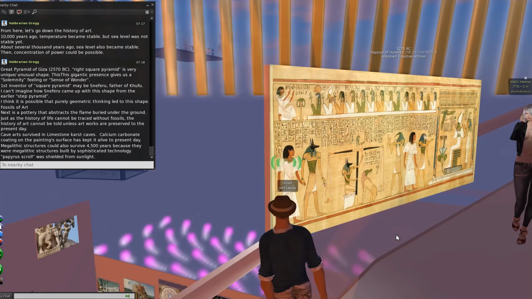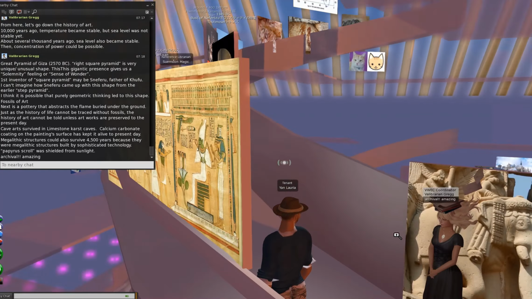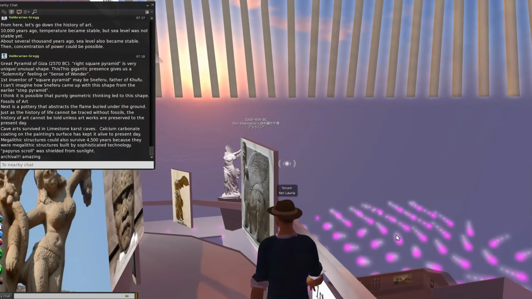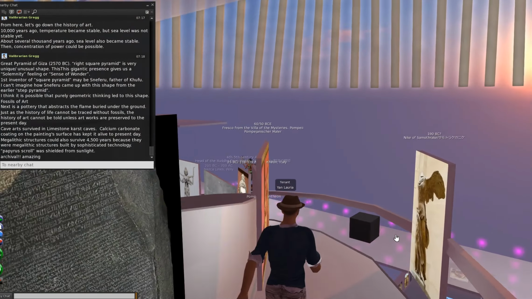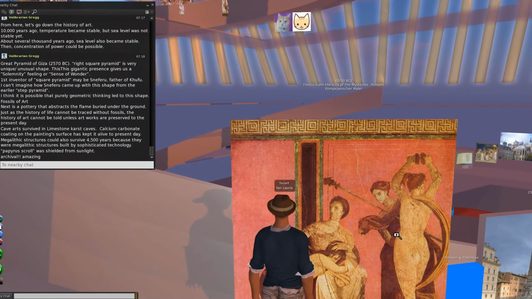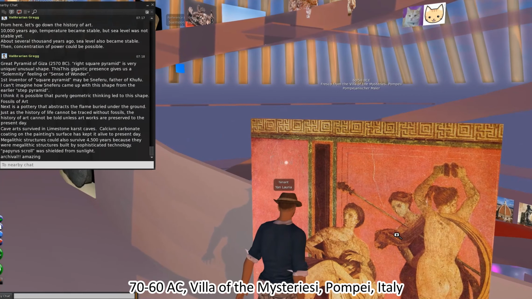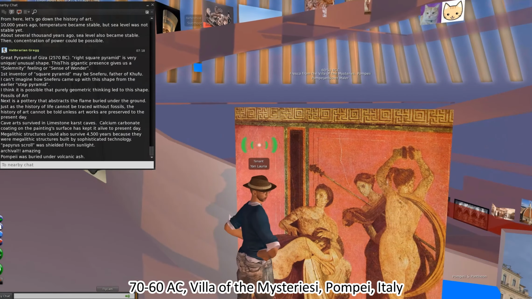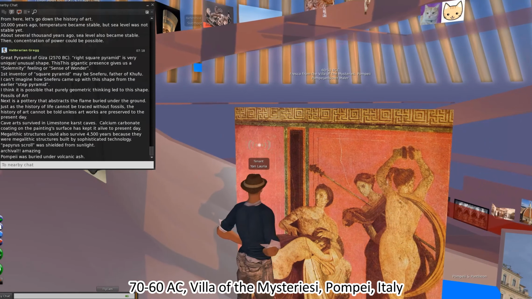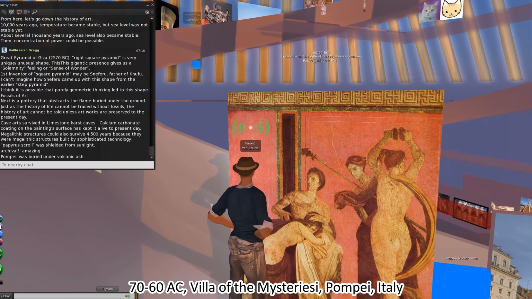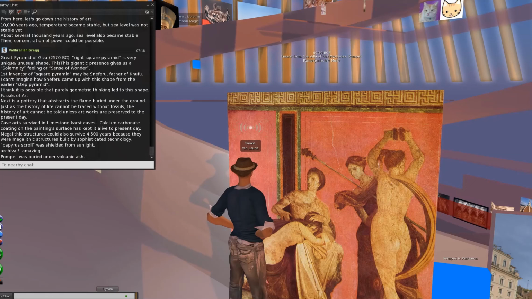And here, this wall painting is from Pompeii, depicted by the fresco technique upon wet lime plaster. Calcium carbonate coated cave paintings can be said to be natural fresco painting.